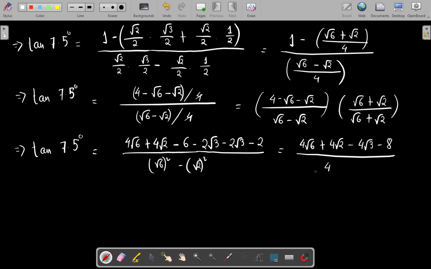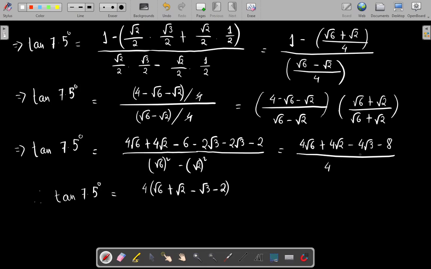It seems like we have finally completed; we are very close. If we take 4 common in the numerator, we get root 6 plus root 2 minus root 3 minus 2, that is, 4 root 6 plus 4 root 2 minus 4 root 3 minus 4 times 2, which is minus 8.